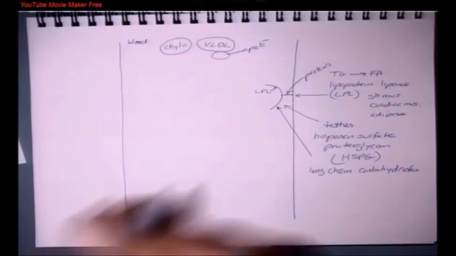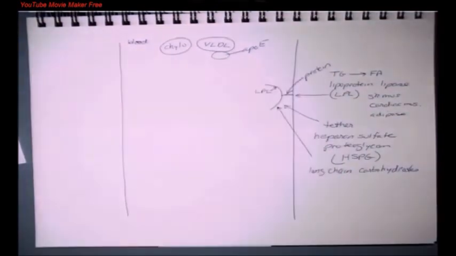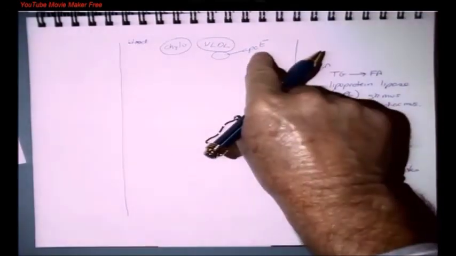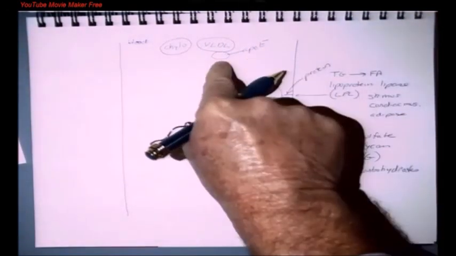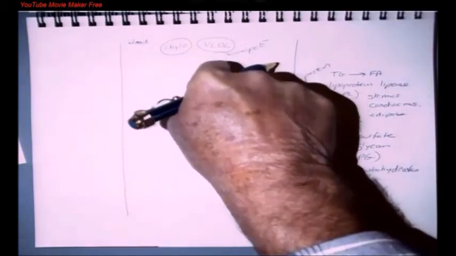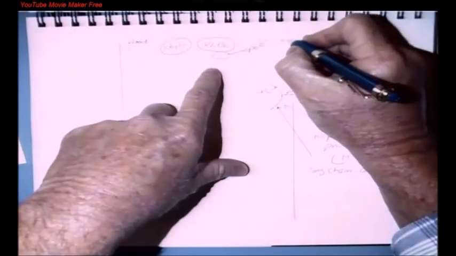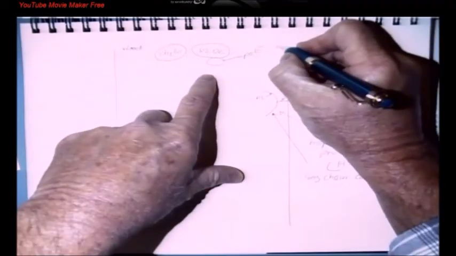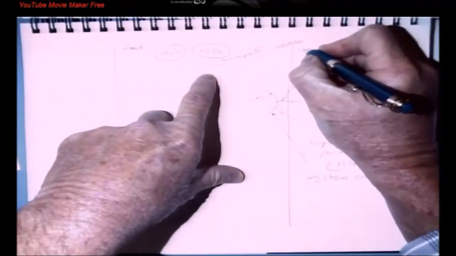So the other day when I was mentioning about ApoE, the different isoforms of it, 2, 3, and 4 for Alzheimer's, it's the same ApoE. It has a separate function in the brain, of which nobody really knows yet, but the primary function of ApoE is to act as an address or a locator.